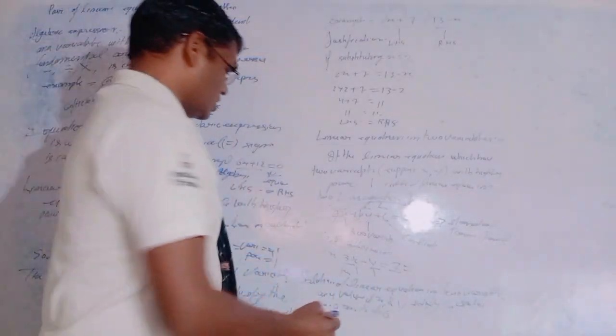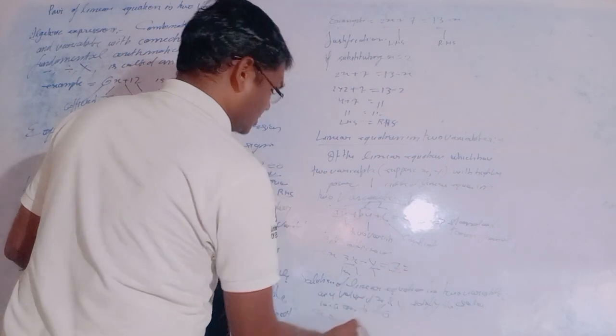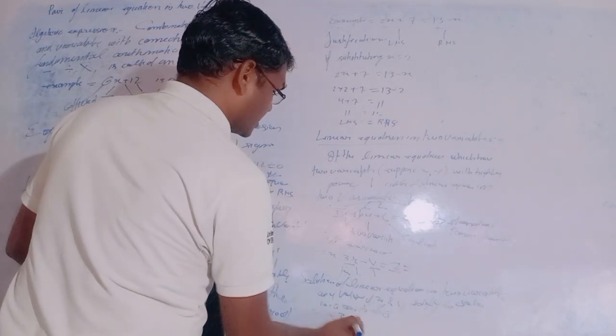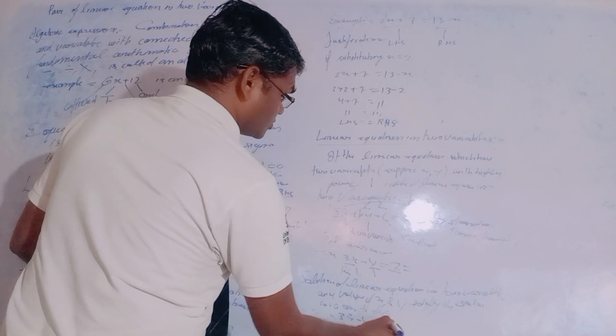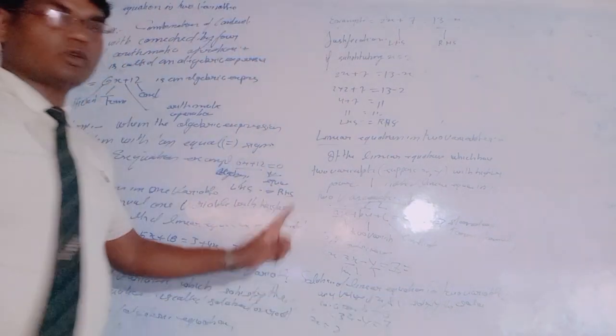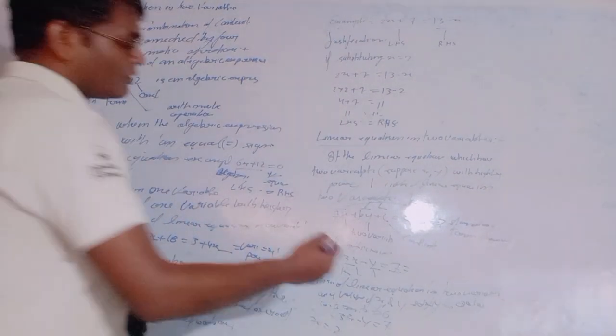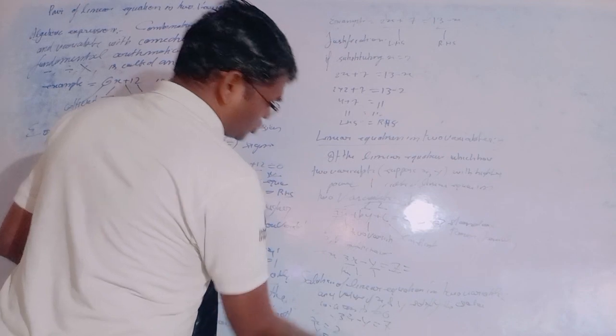Suppose that for this equation, 3x minus y is equal to 7, we substitute the x value 2 and the y value minus 2.